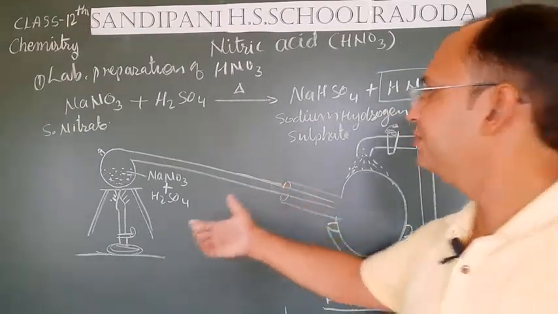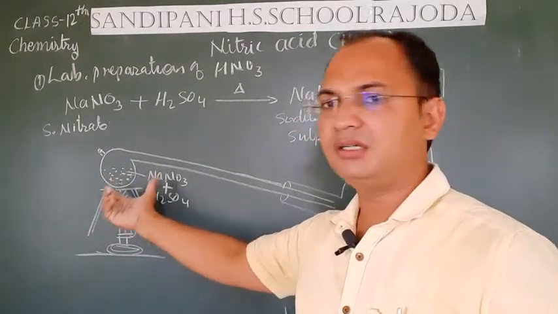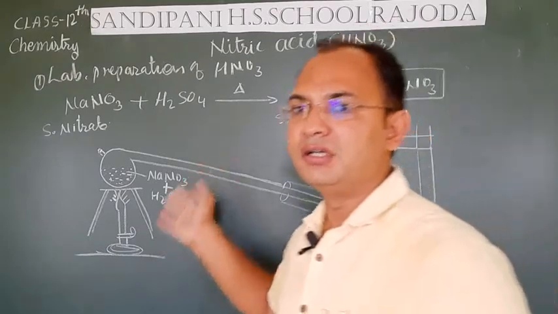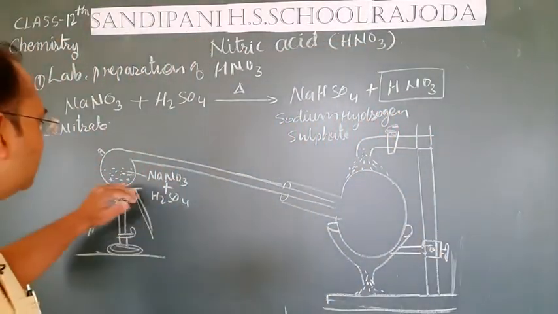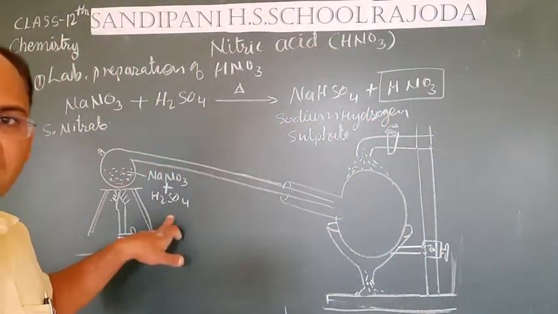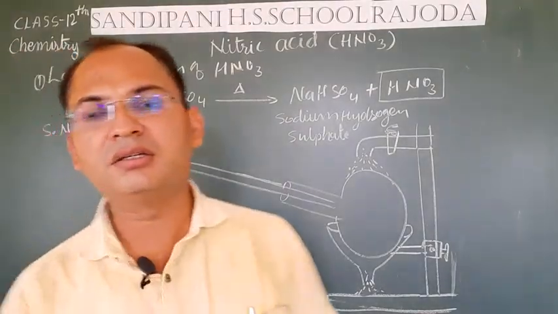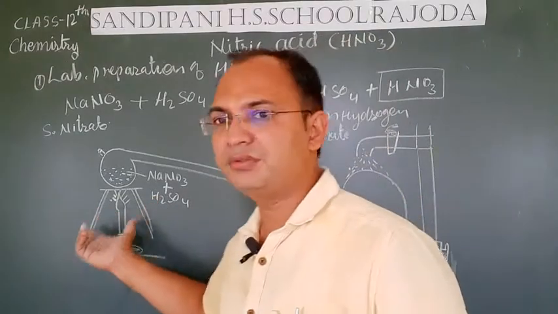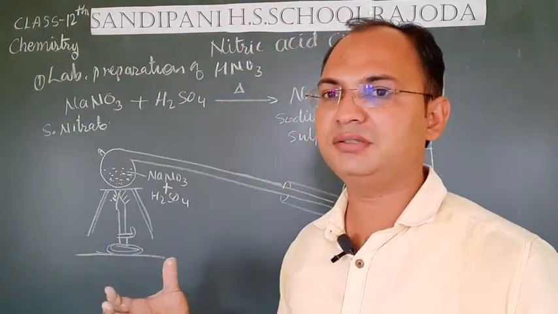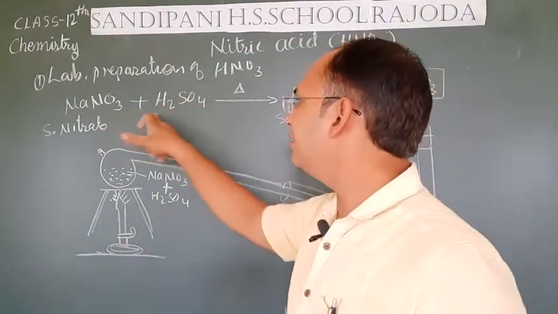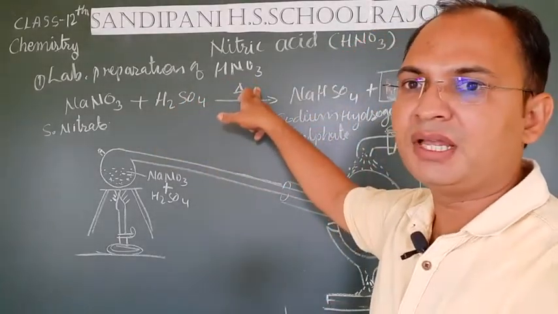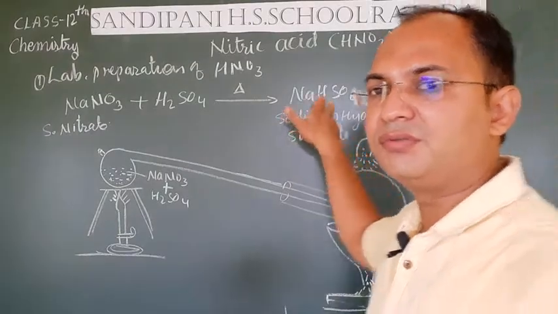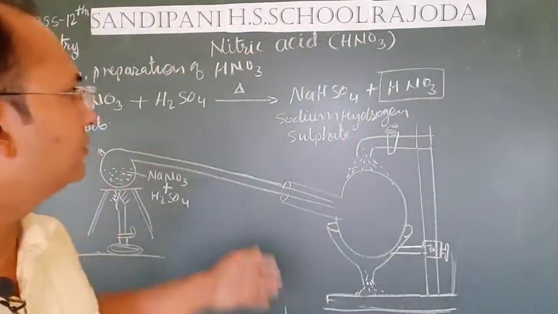Here we see that in a closed vessel, a special necked type vessel, the sodium nitrate and sulfuric acid are mixed together and they are slowly heated. During the heating, they react with each other and prepare sodium hydrogen sulfate and nitric acid.